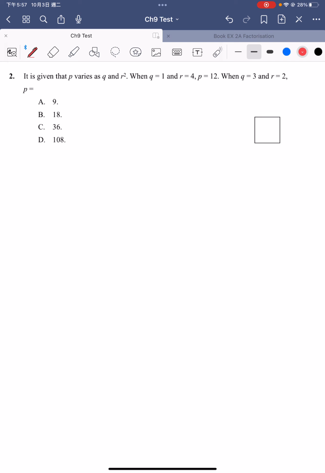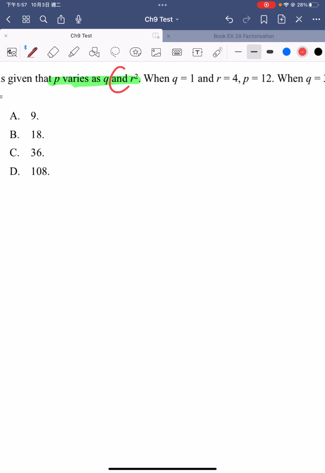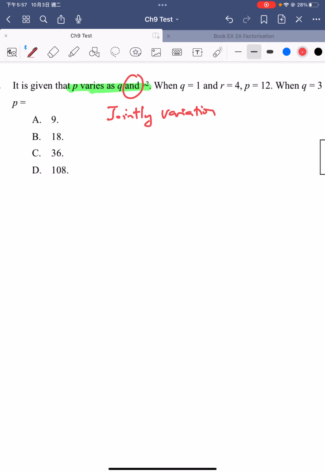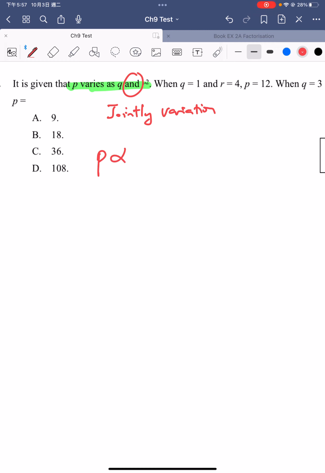So question 2, we have P varies as Q and R squared. Every time you see this "and", it means that this is a joint variation, isn't it? Joint variation, so that we have P varies directly to Q times R squared. Then we can change it to equal to K. So P is equal to K times QR squared.